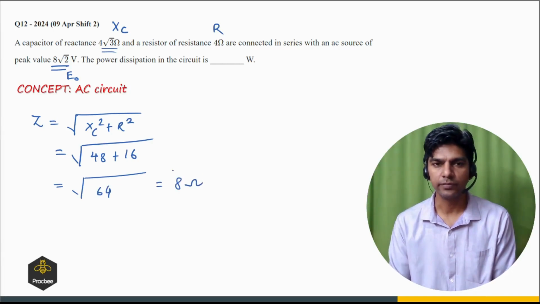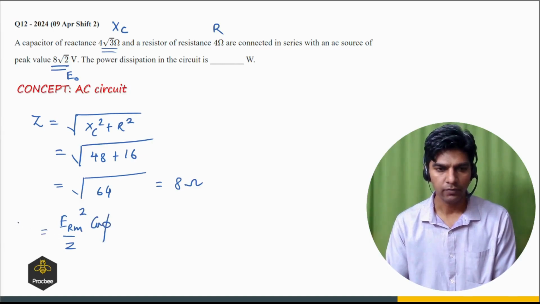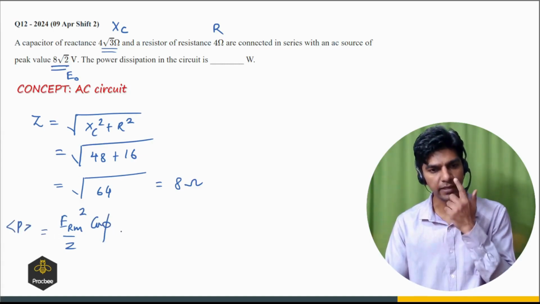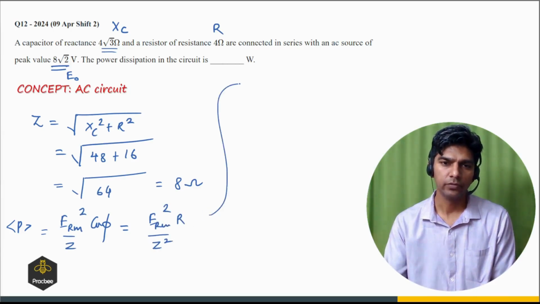So 8 ohms is the impedance, and we know E naught. So here we can use E RMS square by Z times cos phi. So that will be the average power dissipation, and cos phi can be written as R by Z. So it will be E RMS square times R by Z square. So let us put the values in this formula.